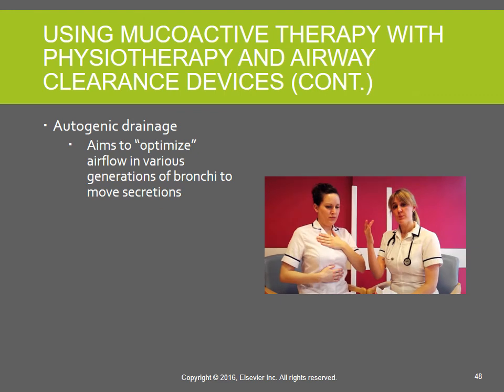Autogenic drainage aims to optimize airflow in various generations of bronchi to move secretions. This technique incorporates staged breathing, starting with small tidal breaths from expiratory reserve volume and repeating until secretions collect in the central airways. Patients are instructed to suppress cough.